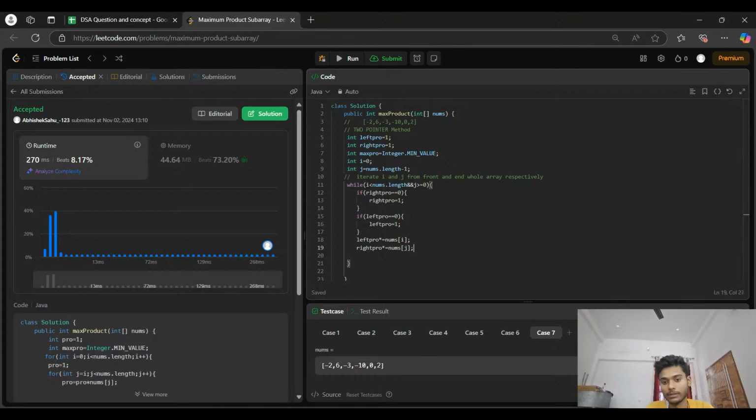We are multiplying like that. If my right pro is 0, then everything becomes 0. Why are they not able to claim it as a maximum?